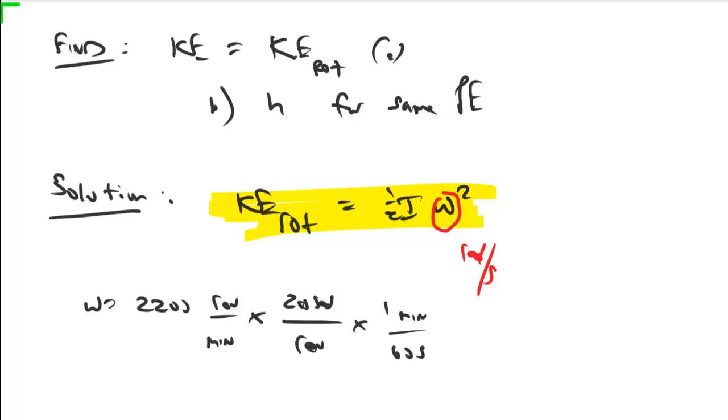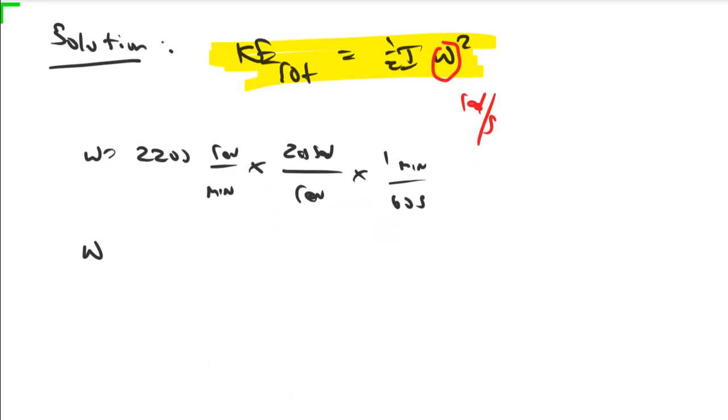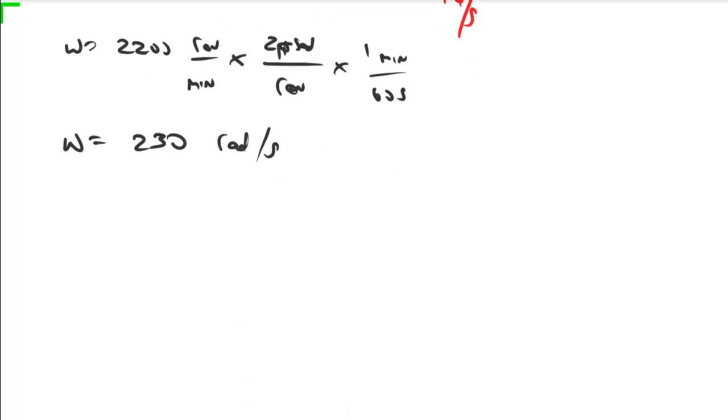And so omega is equal to 230 radians per second. Okay, there's a 2 pi. And then we have to look this up in a table.